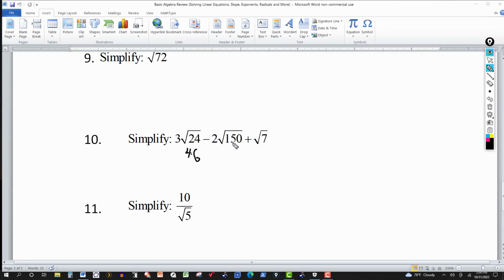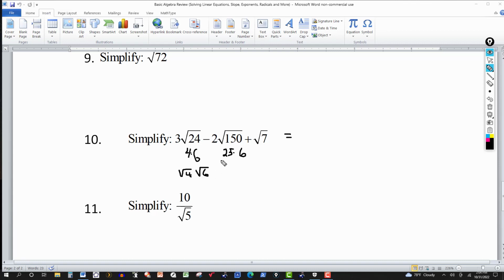For the 150, 150 is the same thing. If you try to break it down, 25 times 6. The 7, can't do anything with that one. So now we can do this. Break this down into the square root of 4 and the square root of 6.